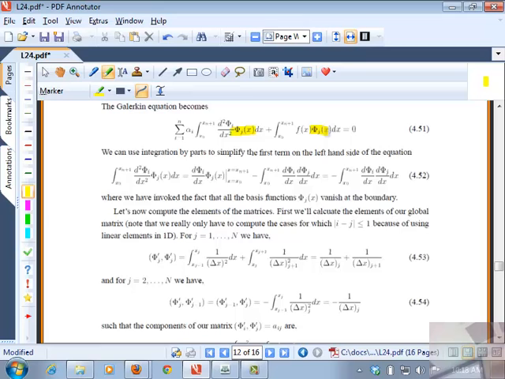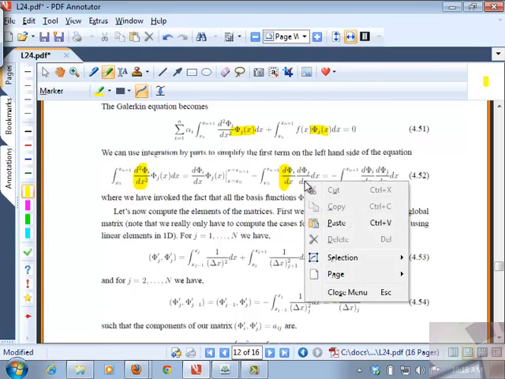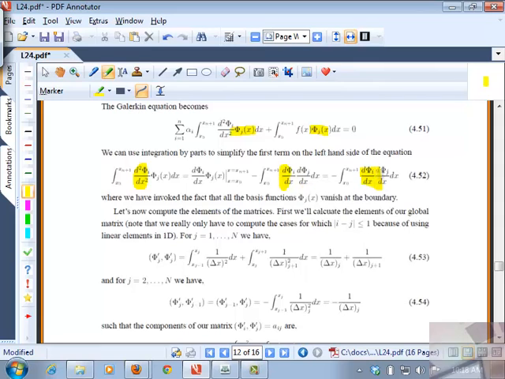So reduce the second derivative to the product of the first derivatives that you see here. And so you need to evaluate this inner product, if you like, between the first derivative of phi i and the first derivative of phi j. Okay? And those are the ones that are going to give you the coefficients of the matrix.